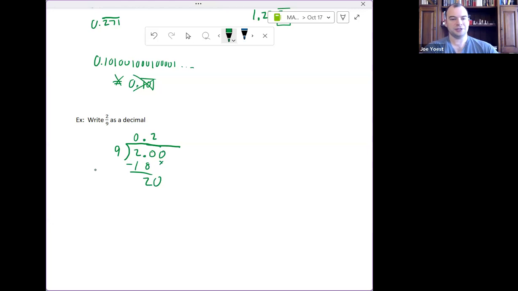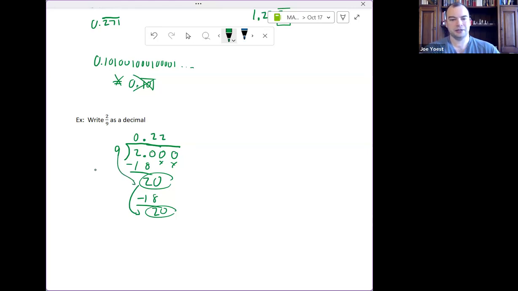I bring down the 0, and I ask again, does 9 go into 20? Yes, it does. Goes in 2 times. 2 times 9 is 18. Remainder of 2. Put a 0, bring it down, does 9 go into 20? We see that if we have two consecutive intermediate remainders that are the same, I asked does 9 go into 20? Yes, it does.